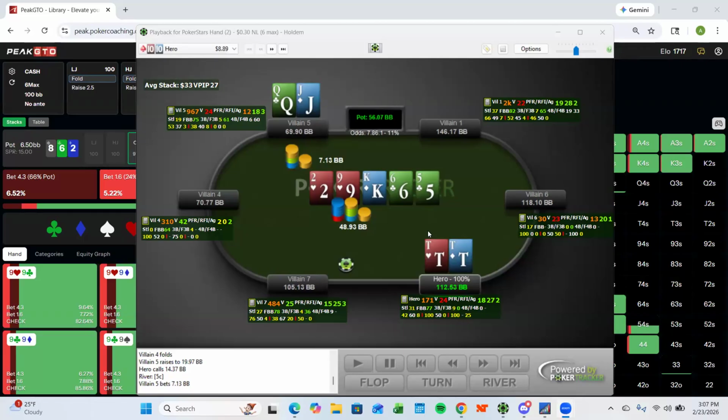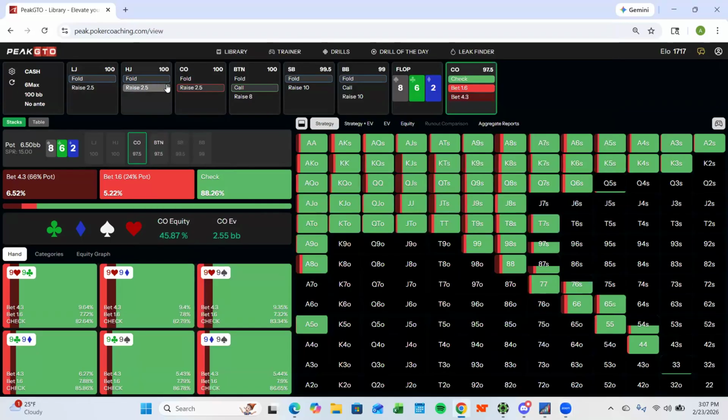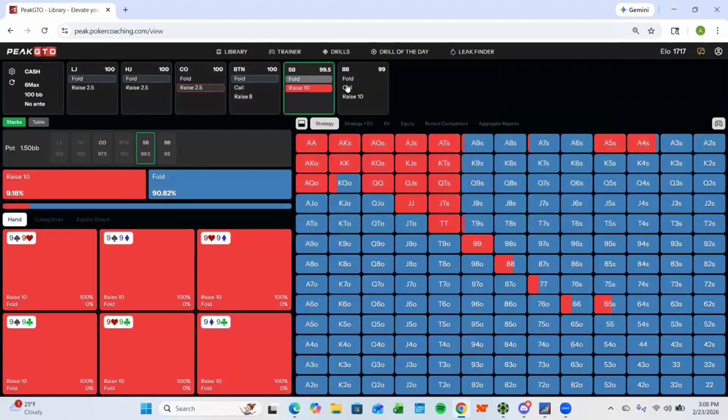We can go down a whole tangent here with this next comment, but we're just glossing over the fact that Queen Jack offsuit to a 3x from the cutoff and a call is pretty loose. Yeah, no, honestly I would prefer a squeeze there or probably a fold. King Jack offsuit is kind of loose.